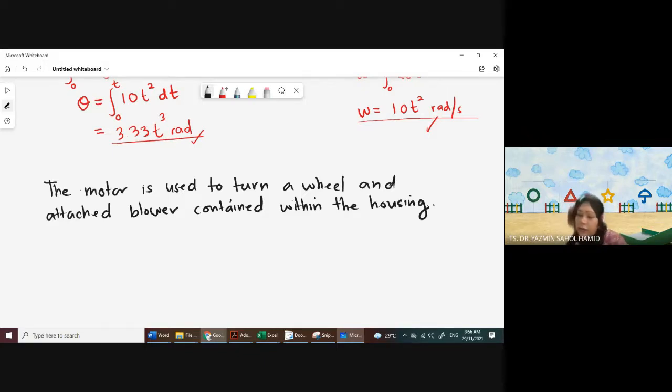Kalau saya nak cuba soalan lain lah. Padam tu. Tak jadi yang tu. Sekejap. Saya nak ambil daripada buku teks ni lah.